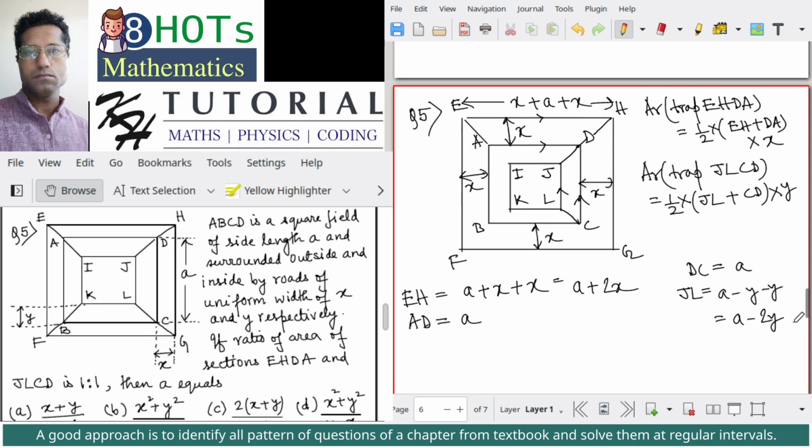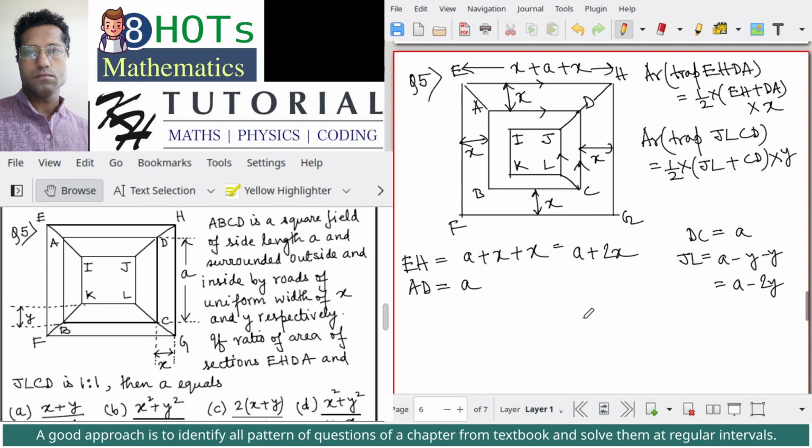Okay, so now what is the area of trapezium EHDA? It becomes half into EH, which is A plus 2x, plus DA or AD, which is A, and the height is x.